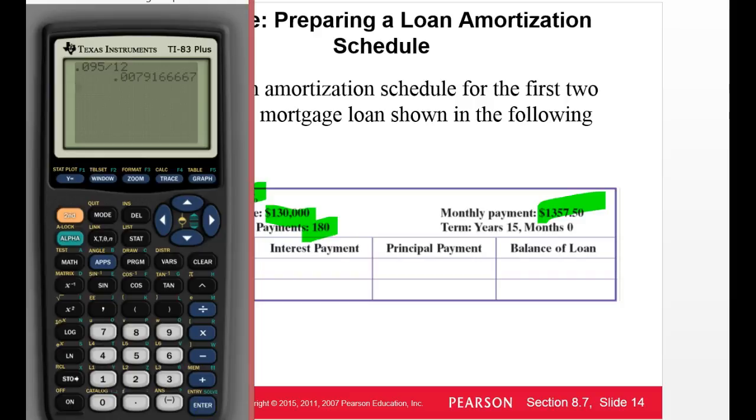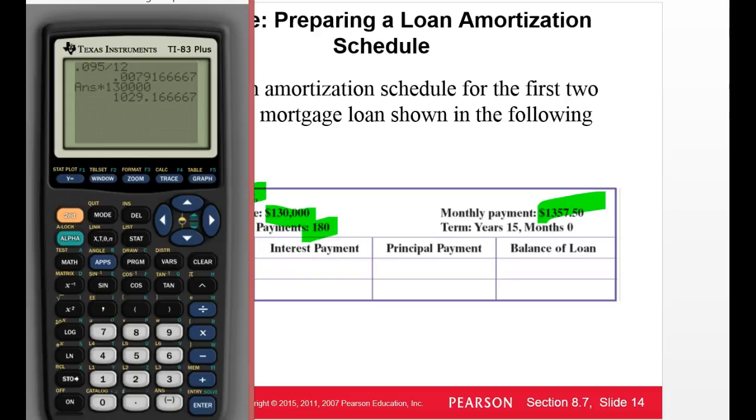That's this amount, not even a whole percentage point, about 0.8 of a percentage point per month. And I'm going to multiply that by the initial balance that I owe, $130,000. So for that first month, that's how much interest I owe: $1,029 and roughly 17 cents.